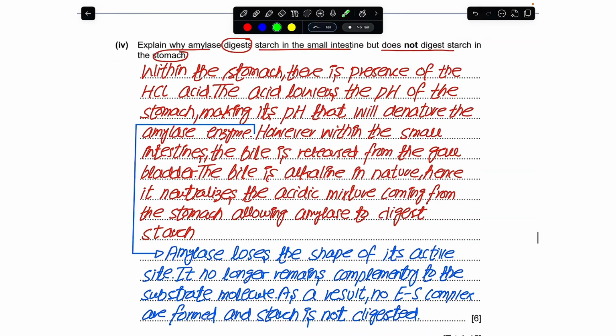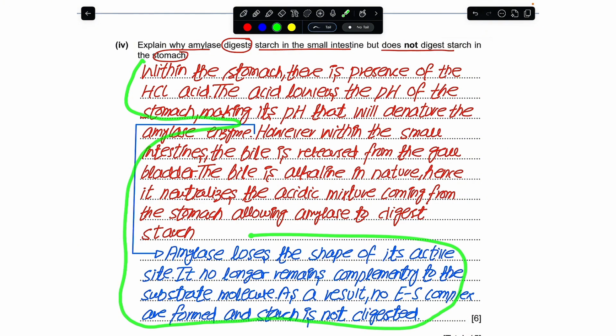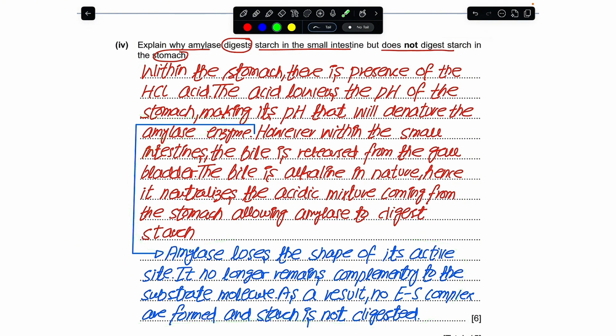So if I take you to my answer again, for 6 marks, from here until here is the first approach written, okay? And if you want to do it the other way around, where half the points come from the stomach, they would be here, and the other half would be in terms of the bile scenario. So you just have to follow me.